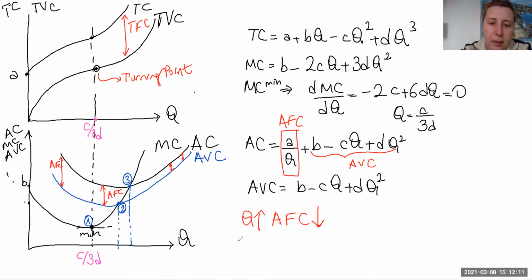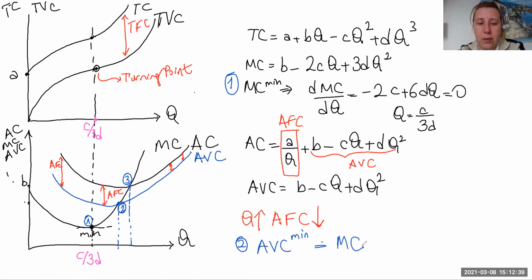And the second point, point 2, is the minimum point of average variable cost. And that's an important part because when average variable cost is minimized, it's just equal to the marginal cost. It is the intersection point of the marginal cost and the average variable cost. Please remember the relationship between average and the marginals.